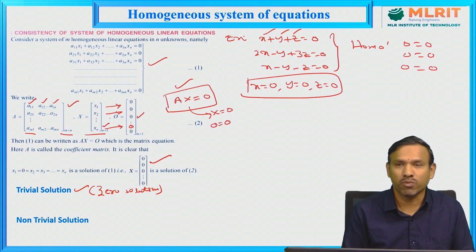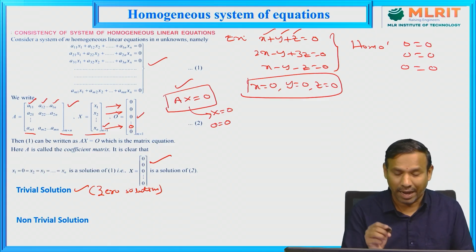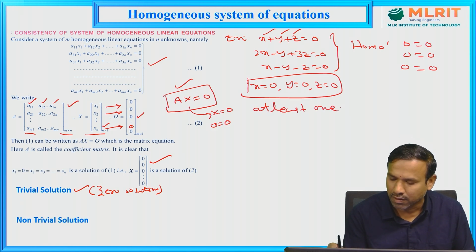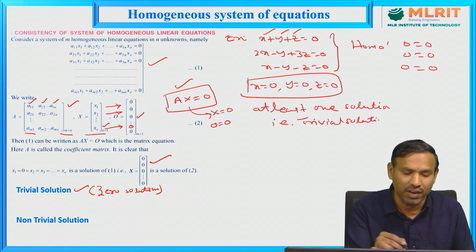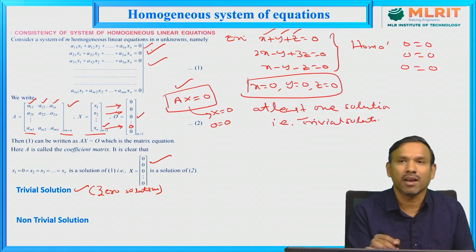There is no question of no solution for a homogeneous system of equations, whereas for a non-homogeneous system, a solution may or may not exist. But for a homogeneous system, at least one solution will be existing, that is the trivial solution or zero solution. Why? Because the zero solution will satisfy every homogeneous system. Put any variable, all variables equal to 0, and automatically the right hand side is 0.